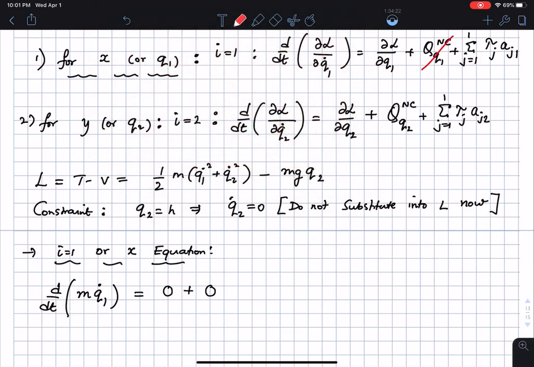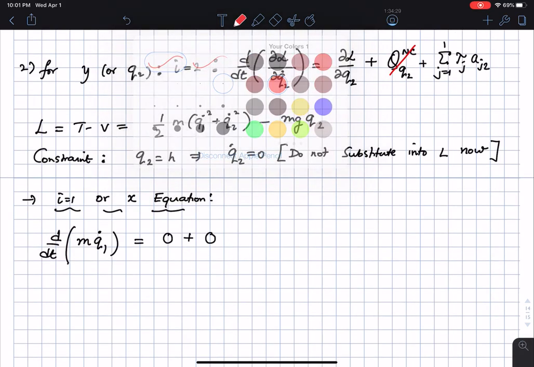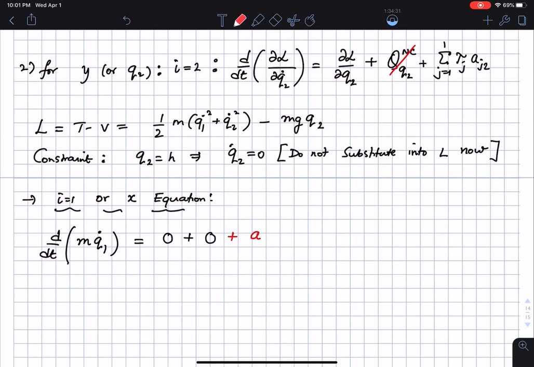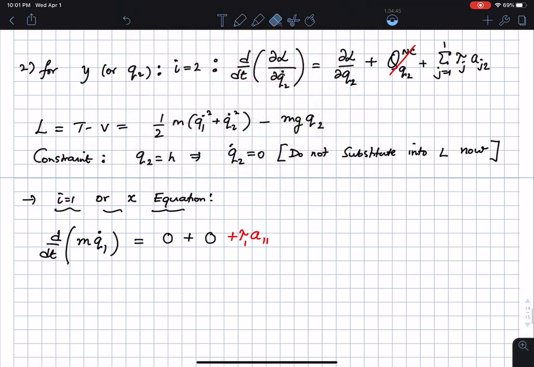That term will also be gone in our problem, so that's also 0, plus a1 times lambda 1, where lambda 1 is the first Lagrange multiplier. I'm going to call this equation 1.